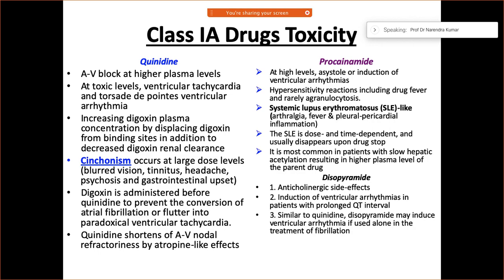About procainamide, that is the one which causes even asystole, or induction of ventricular arrhythmias as well. And sometimes we may see SLE. So if the patient is taking this drug, you will be able to see something like systemic lupus erythematosus as well.